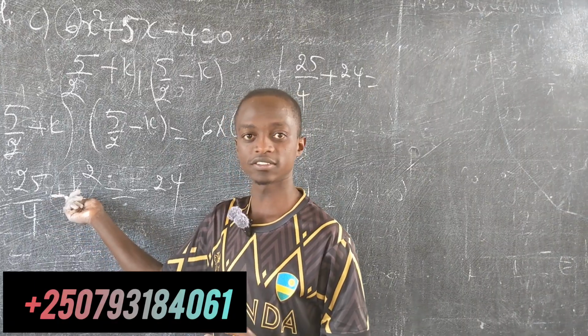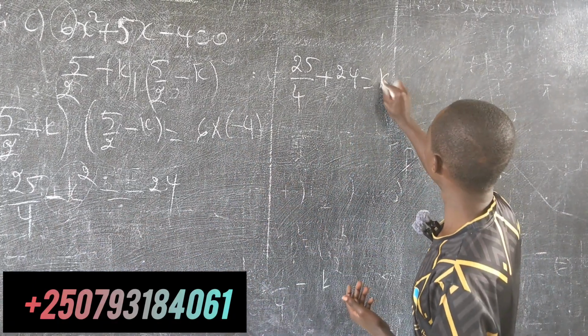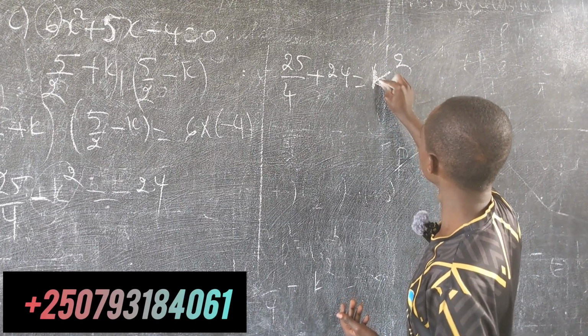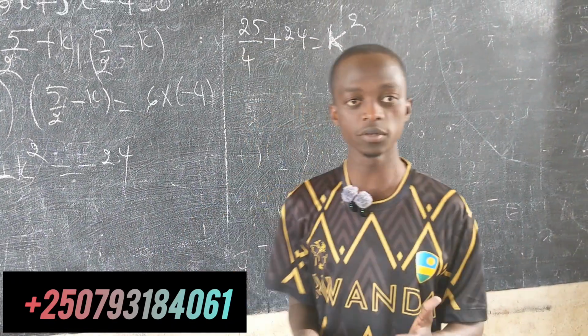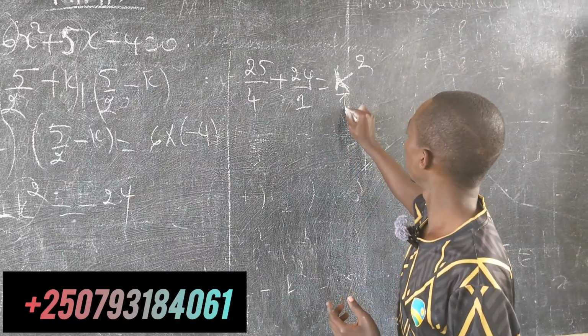It has a negative. It means that we are going to change this negative into a positive, which is equal to k square, which is a positive. So what is next is to write the common denominator, which is going to be 4, because here we have over 1 and here we have over 1.